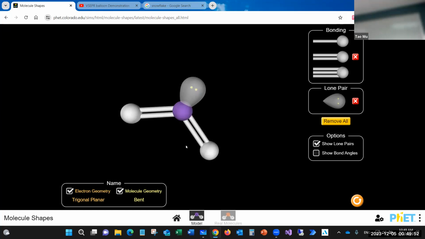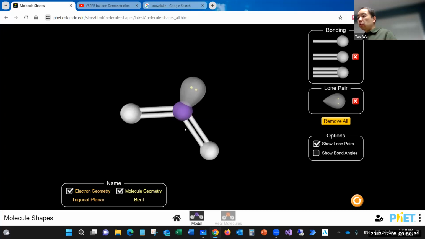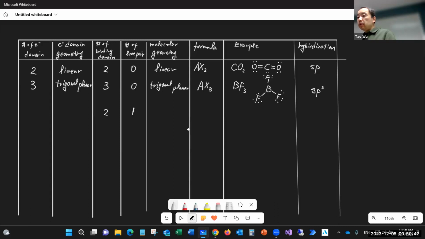This part is invisible, so the leftover, instead of trigonal planar, is different. Either a single bond or a double bond, plus one lone pair, gives three electron domains in total. Since the lone pair is invisible, the leftover just bends. So now this becomes bent.